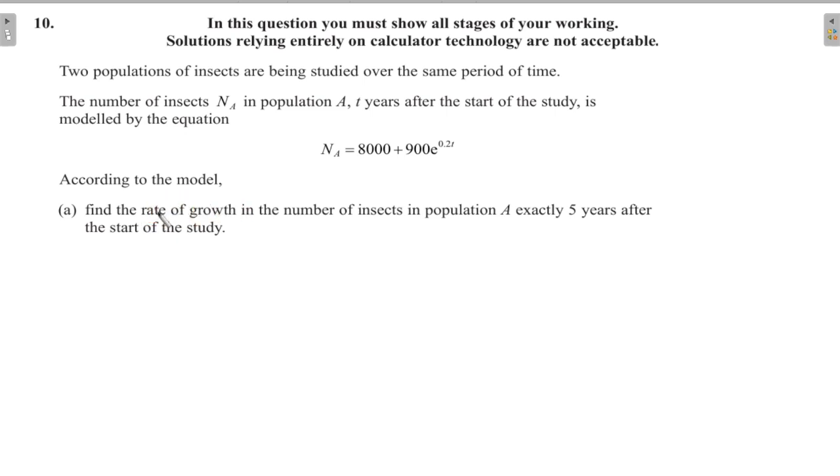The rate of growth is always the differentiation of NA with respect to time, since the population varies with time. How do we find it exactly 5 years after the start of the study? Let us differentiate. The population NA is equal to 8000 plus 900 e power 0.2 t.